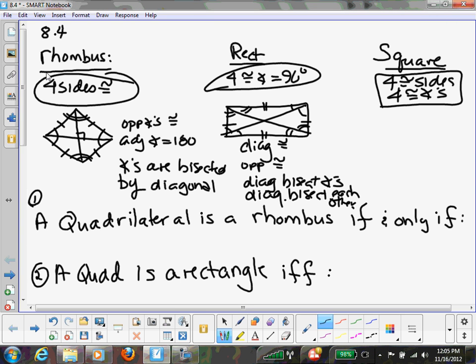But here are some other properties of a square. The diagonals, as in a rhombus, are perpendicular. The diagonals are congruent.